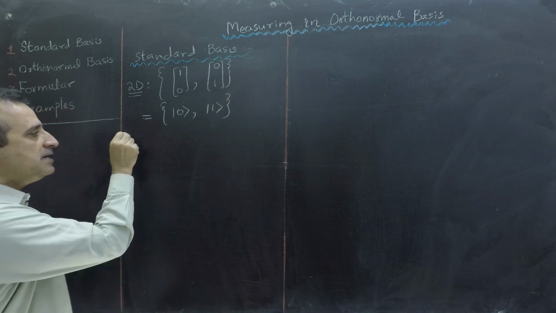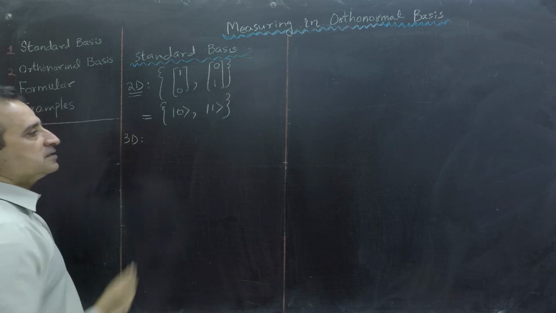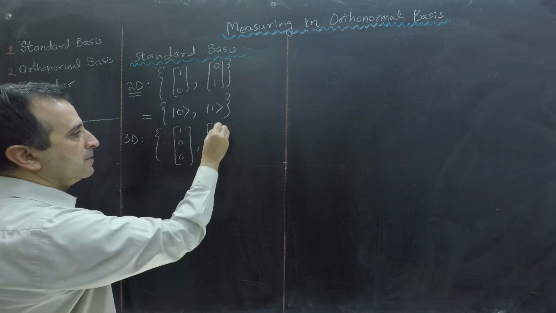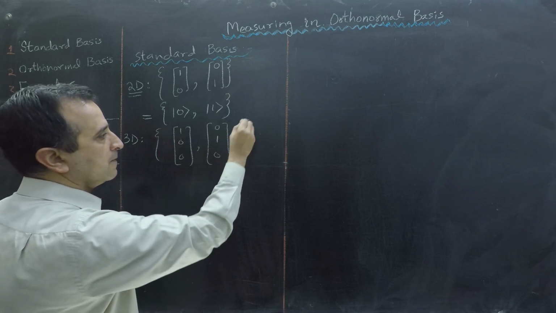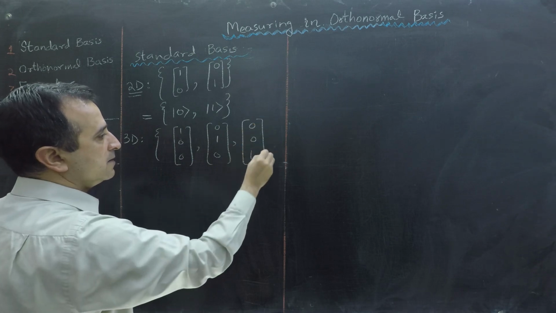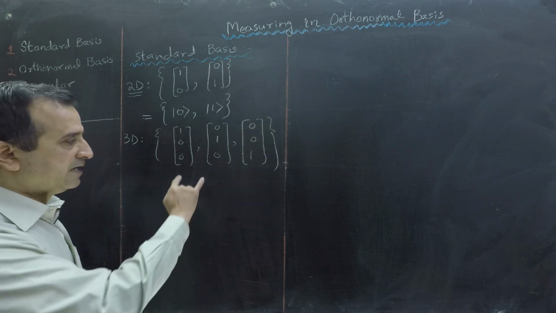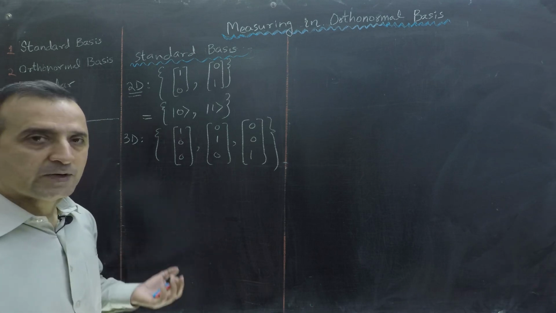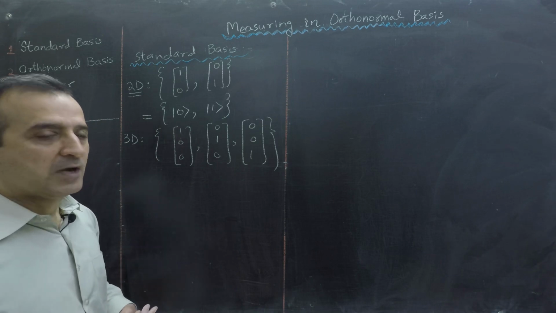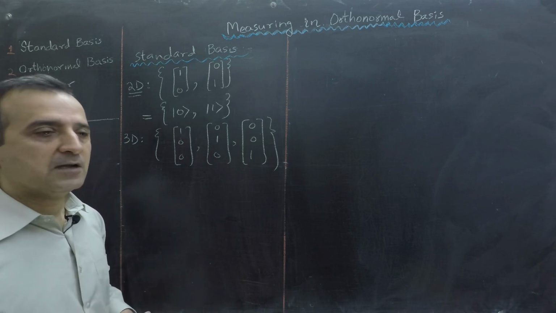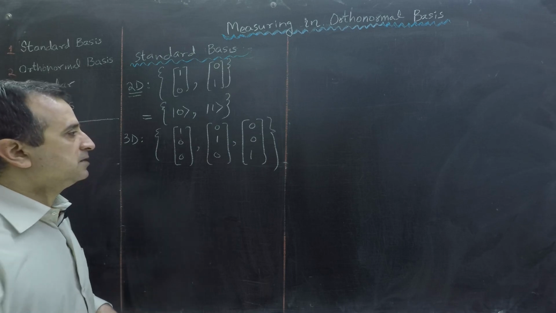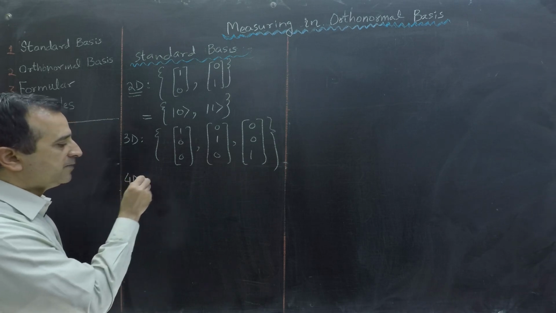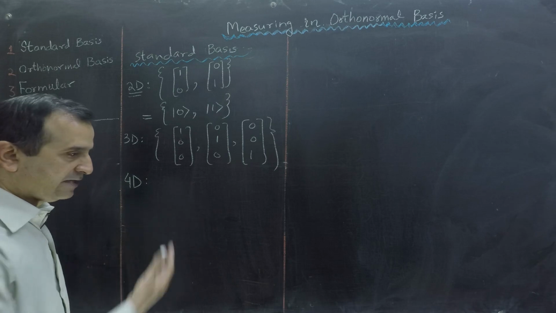Similarly, in three dimensions, we have a standard basis too, but we will not use it in quantum computing, because in quantum computing we are only interested in standard bases whose dimensions are powers of 2. However, in quantum computing we use the 4D standard basis or the 8D standard basis.